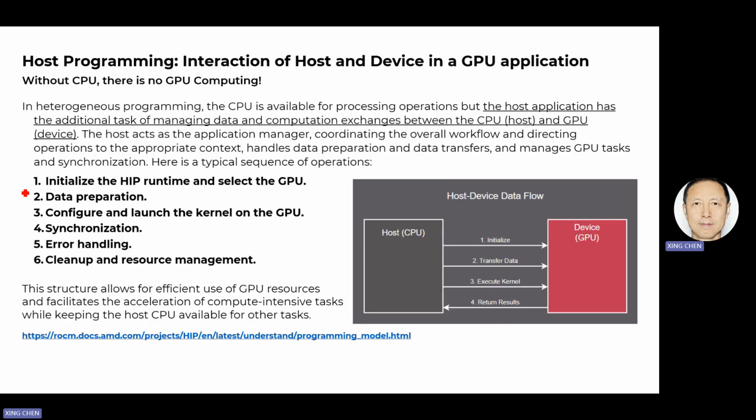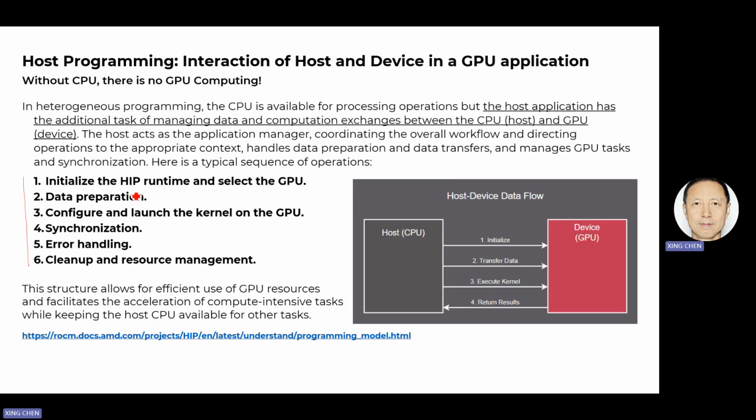And then besides that, they have to do these tasks. These tasks are something they are doing for the GPU because they are going to initialize the HIP runtime and select the GPU. And HIP is a heterogeneous interface for programming.